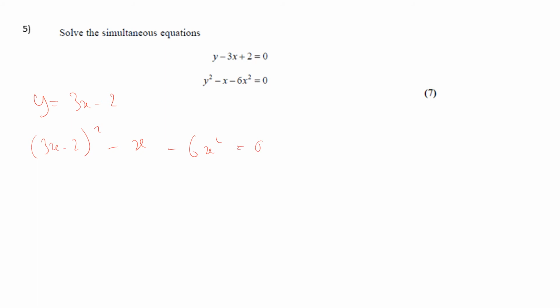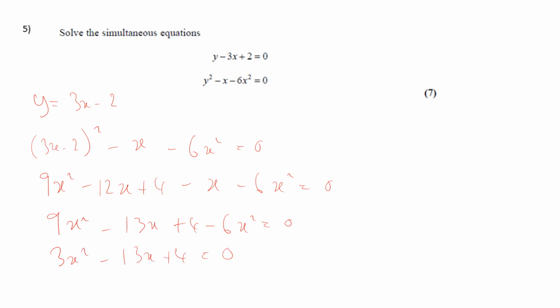Be careful about the expansion of brackets here. 9x squared, minus 3x times 2, that's minus 6x, twice 2 of those, that's minus 12x, plus 4 minus x minus 6x squared equals 0. Be careful where you put your brackets. So that's 9x squared minus 13x plus 4 minus 6x squared equals 0. So that's 3x squared minus 13x plus 4 equals 0.